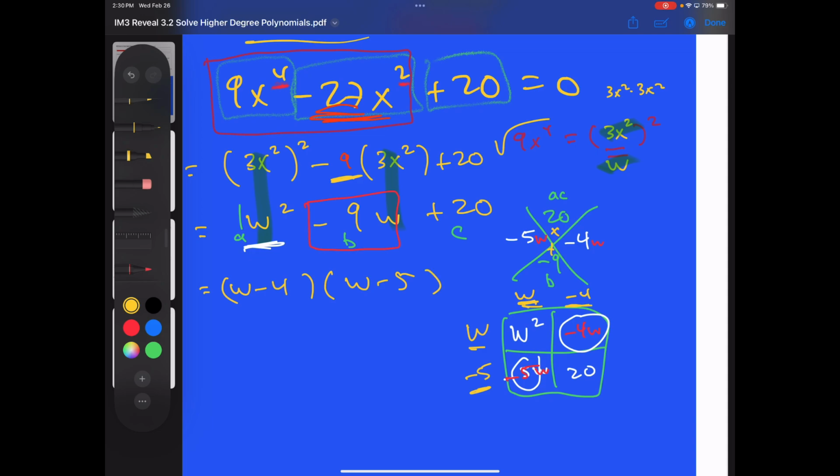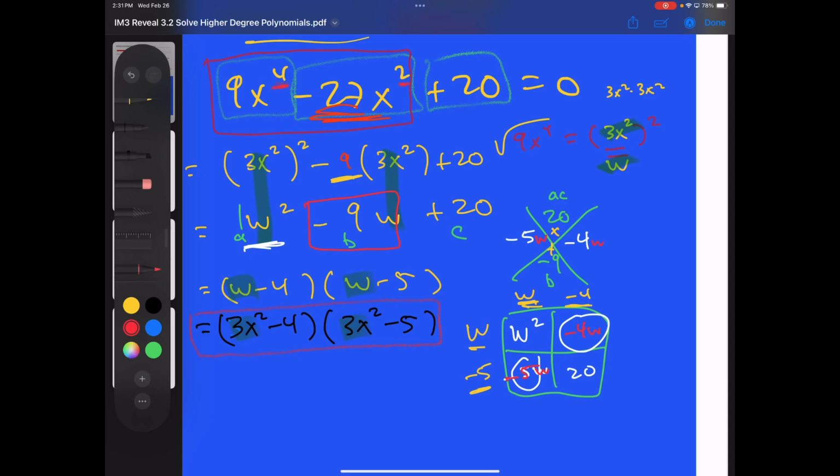Are we done? No. Let's go back to our substitution. We said that every W value is going to be 3x squared. So 3x squared minus 4, and this one's going to be 3x squared minus 5. Okay? Now I'm going to draw a small box around this one. This is our answer for factoring.